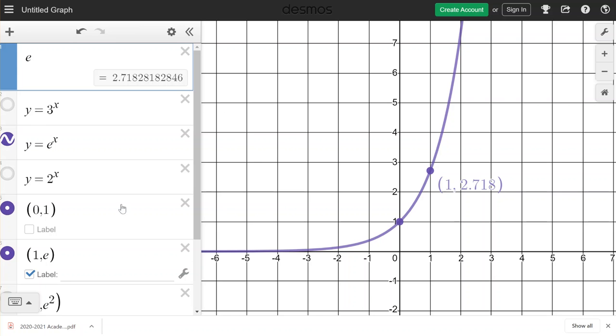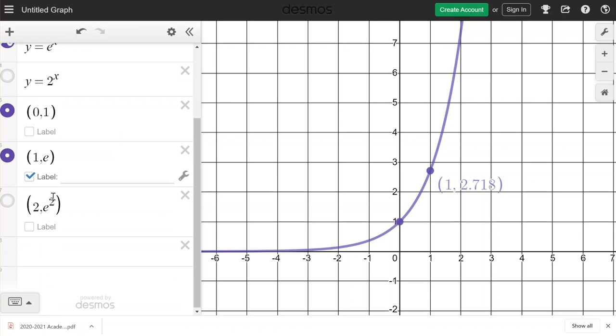When I put in 2 for x, I get e to the 2, e squared, right? And e squared is approximately 7.389. So here's the graph of e to the x. That should help you in choosing question number 5 correctly.